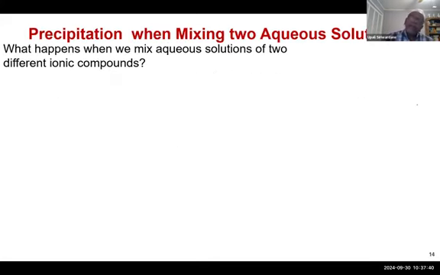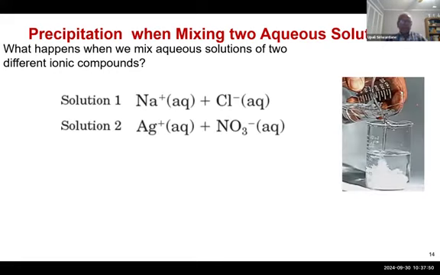Let's look at what happens when two ionic compounds are mixed in solution. Two solutions are mixed. Solution 1, where sodium chloride is dissolved.